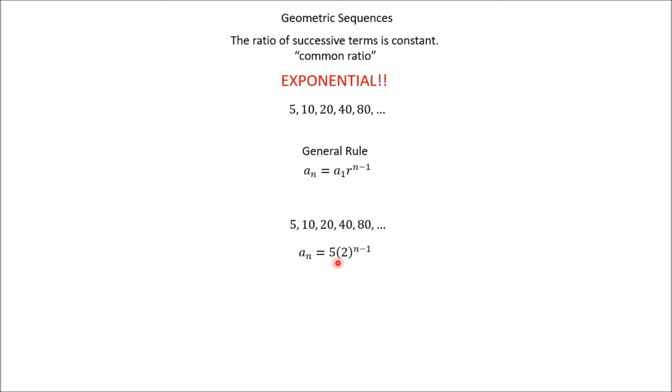An equals 5 times 2 to the n minus 1. Now, when you do this, it's very important: it's 2 to the power and then times 5. You can't multiply them first and get 10 to the n minus 1. That doesn't work. Order of operations. So that's how we can take our sequence and write it in the general form of the equation.